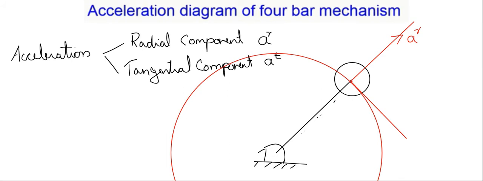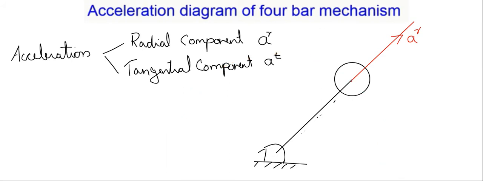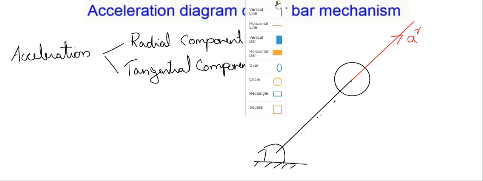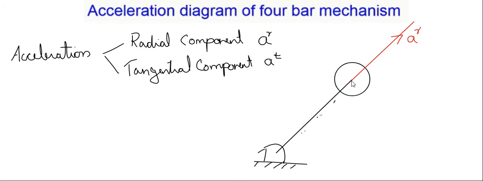Again, in the radial direction, there will be an acceleration component along the radius or the point of action of rotation, that will be the radial component, and there will be another component in the tangential direction of the rotational motion, that will be called tangential component, that is represented by AT. This ball is moving, let's say, in that direction, clockwise direction.